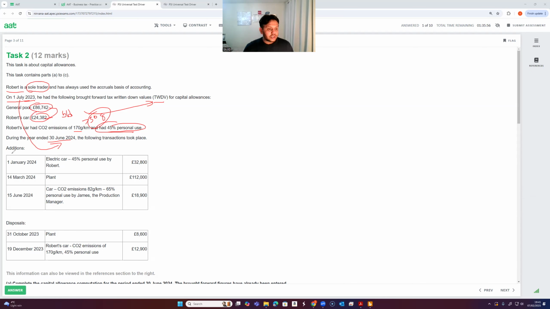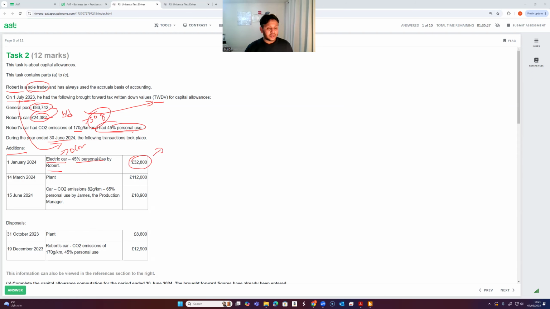Then we have some additions. What additions do we have? We have 1st of January, electric car. Now remember that an electric car will have no CO2. It's zero emission. As soon as you see the electric car, you understand it is zero CO2. And 45% personal use used by Robert. Again, we have to make sure. So 55% will be allowable.